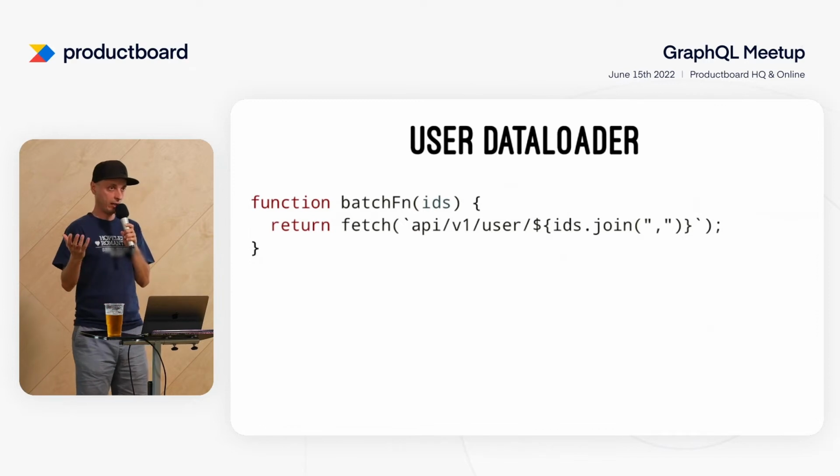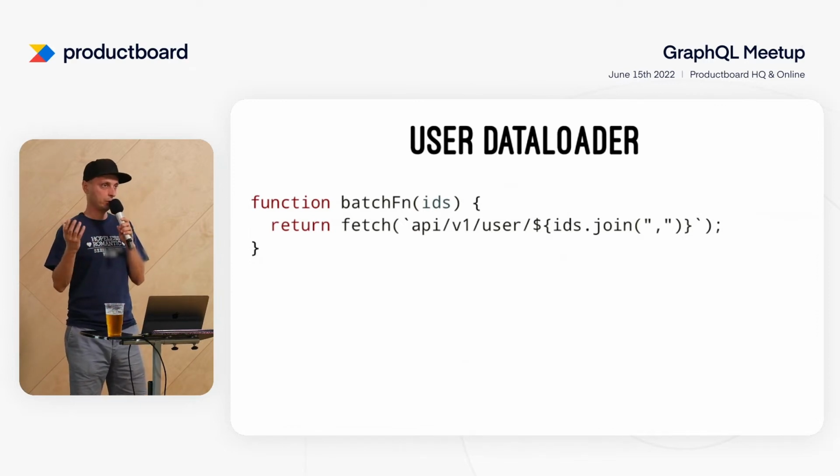If I was mentioning it's up to you to do whatever logic you want, imagine you have a REST API or internal API that gives you a detail for a user and it accepts multiple IDs. You don't have to call your internal user API in a map.